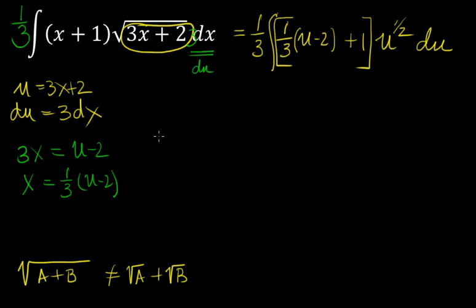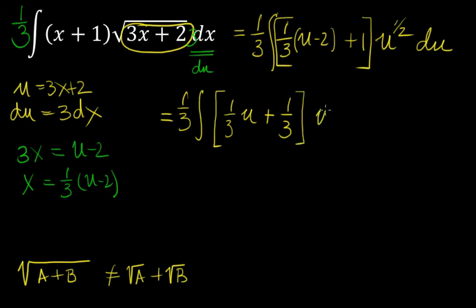Alright, so I have to simplify all this. So I have 1/3 the integral, and now I've got to multiply this out. So I have 1/3 u minus 2/3 plus 3/3, so it's plus 1/3 there, u to the 1/2 du.